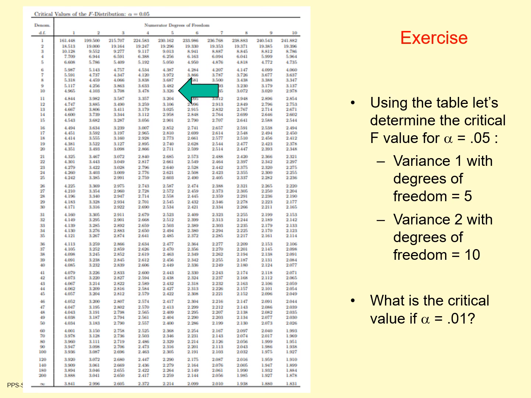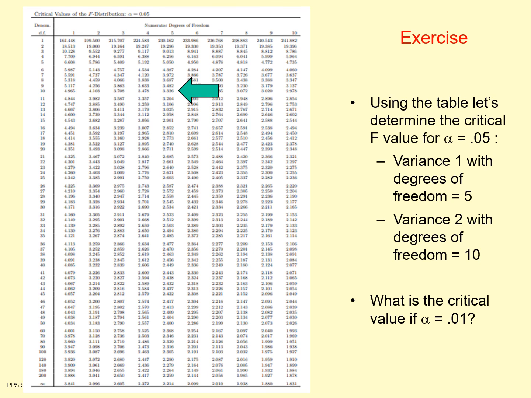We can see that across the top, 1, 2, 3, 4, 5, column 5 is degrees of freedom in the numerator, and across the side on the vertical axis, degrees of freedom of 10, and they intersect at 3.326. That would be the critical value for variance 1 with degrees of freedom of 5 and variance 2 with degrees of freedom of 10.